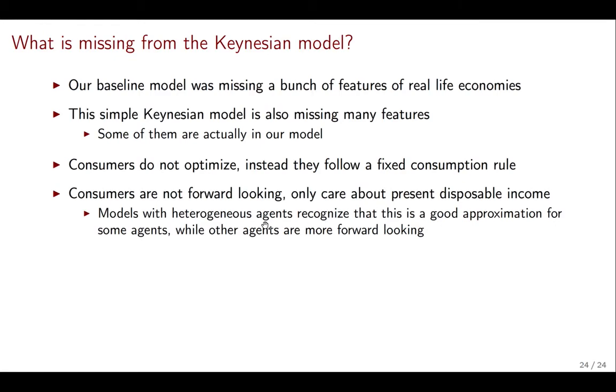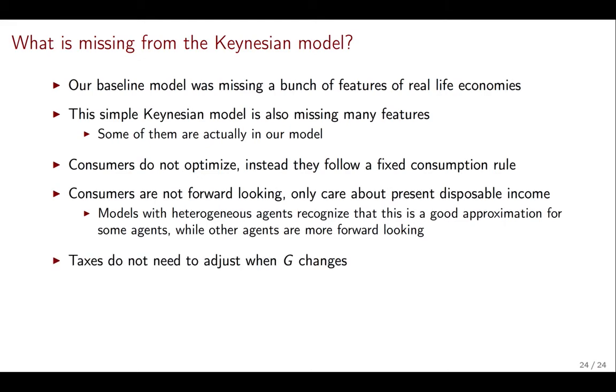We briefly talked about models with heterogeneous agents in the introduction to the course. These models are making a lot of effort in recognizing that some agents are well approximated by having very high MPCs and depending mostly on how income behaves today, while other agents have lower MPCs and they might be less constrained and more forward-looking.